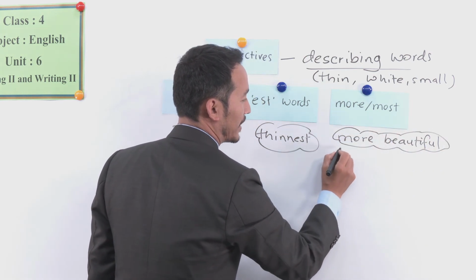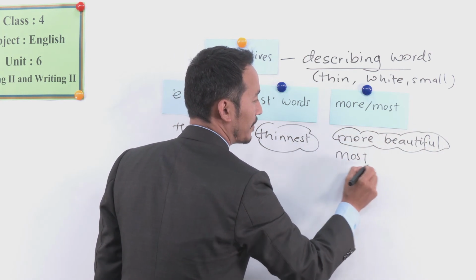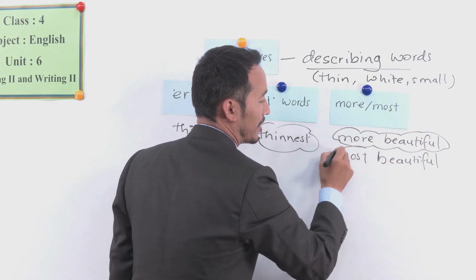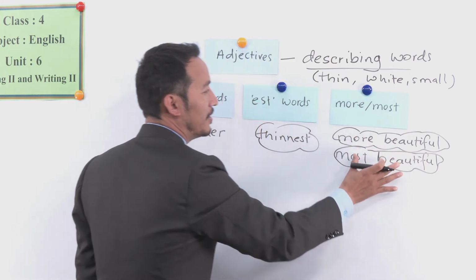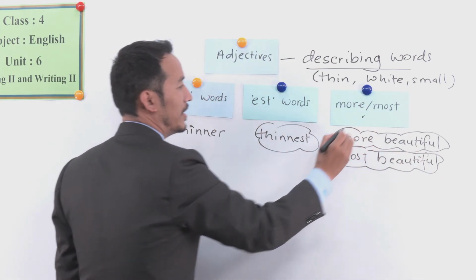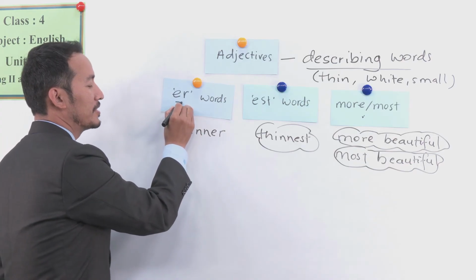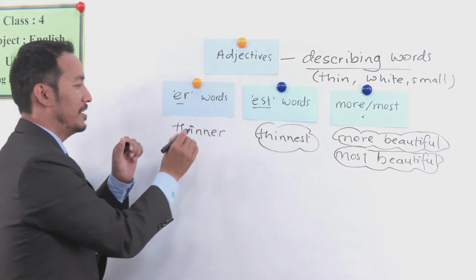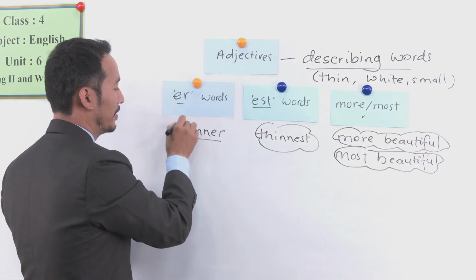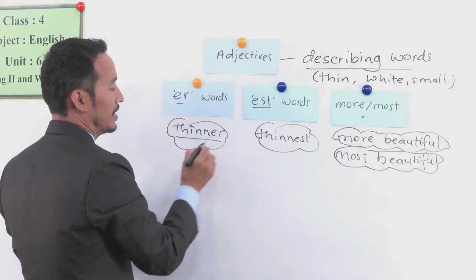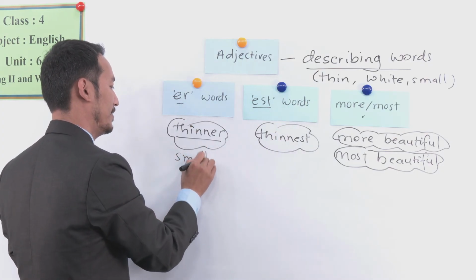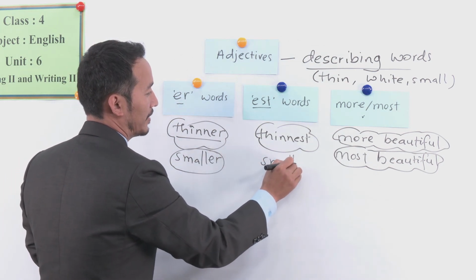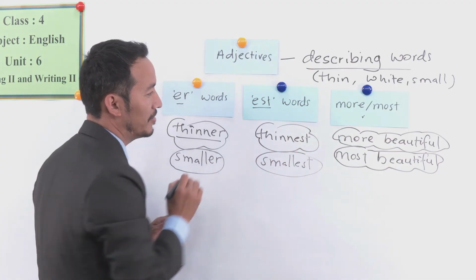More interesting. Most beautiful. Yes, most beautiful. For longer words, we use more and most. For shorter words, we use ER and EST words like, look at this, thinner, thinnest, smaller, smallest, and so on.